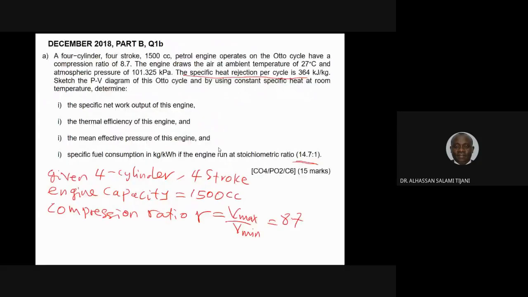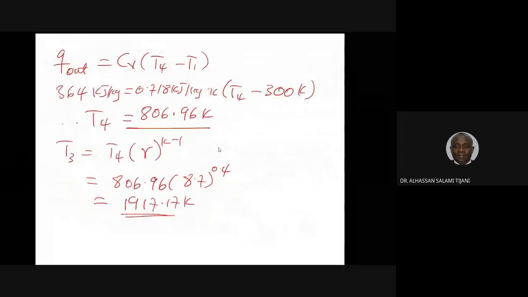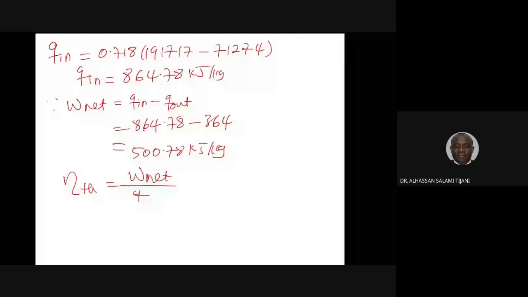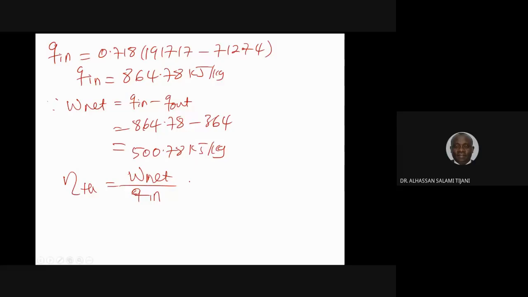Determine the thermal efficiency of this cycle. So how do we determine thermal efficiency? Thermal efficiency by definition is the W net divided by what? Q in. You discover that I'm writing everything in terms of specific quantity because we don't know the mass flow rate of the working fluid. So that's why we are doing this.